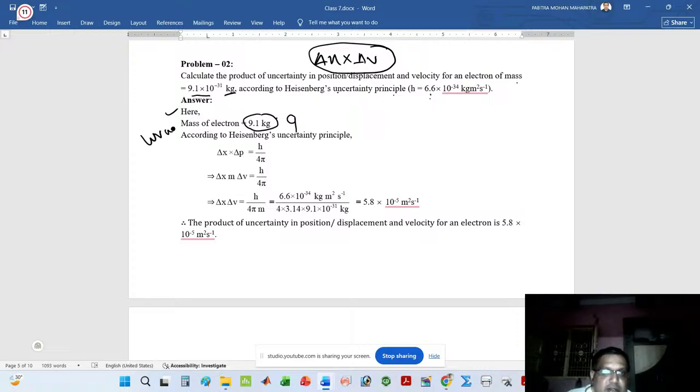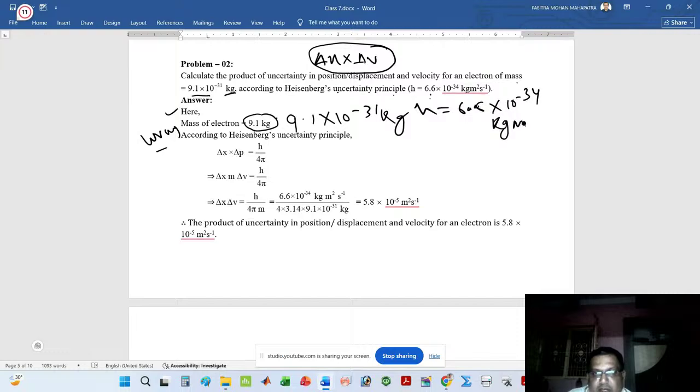You can write 9.1 into 10 to the power minus 31 kg. This is the mass of electron. Then h value is given. H is how much? 6.6 into 10 to the power minus 34 kilogram meter square second inverse.